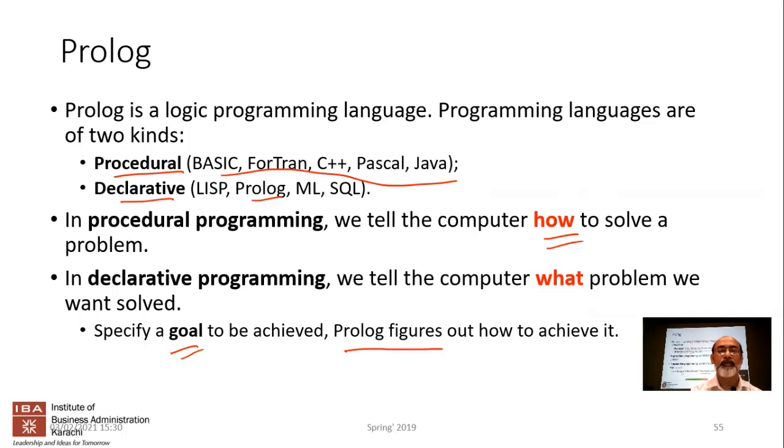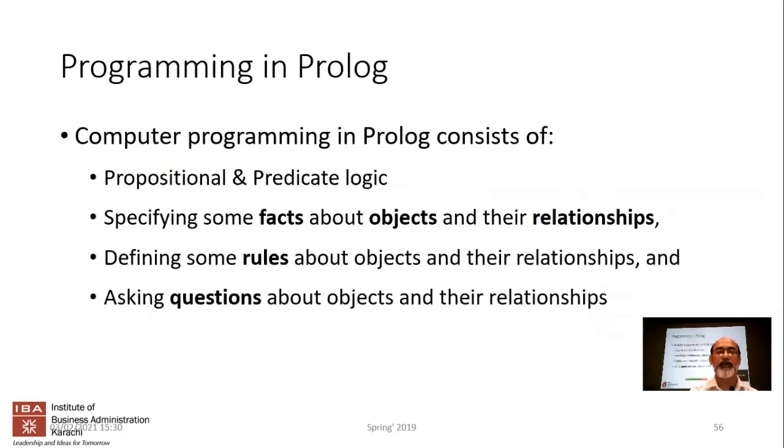So we'll use Prolog here. The way Prolog is implemented is that it has both propositional logic as well as predicate logic, and we'll look at some of those examples in the next 10 minutes. Not only do you specify the facts, which in propositions can either be true or false, but here you also have objects. You've studied object-oriented languages, so you know what objects are.